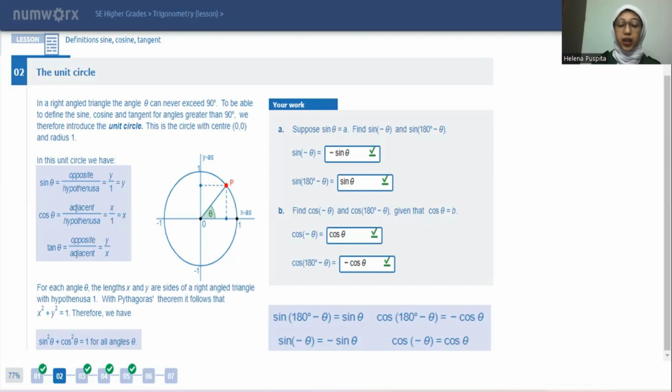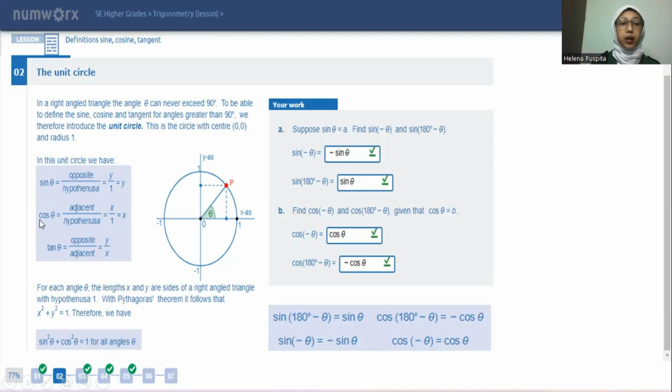This is the circle with center 0,0 and radius 1. In this unit circle, we have sine theta equals opposite over hypotenuse, or y over 1 equals y.